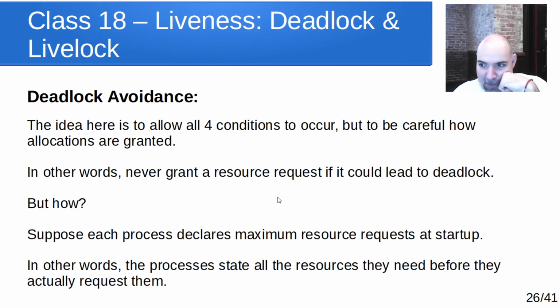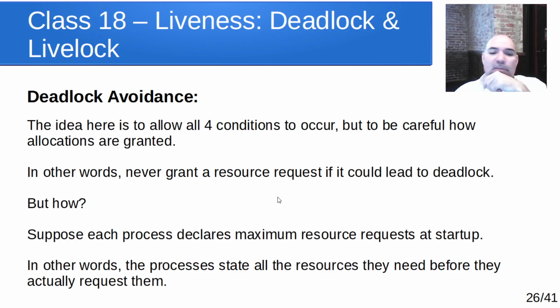And with deadlock avoidance, what we do is we allow all four conditions to exist. We don't get rid of one of them, but we're careful with which allocations are granted. So the idea is just because a resource is available and a process wants it, we don't necessarily give it to them. We look at, if I give you this, will that create a situation where deadlock could happen?